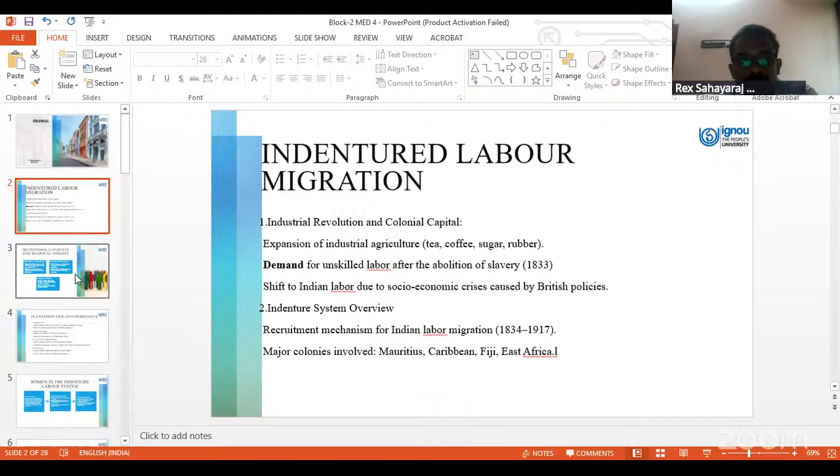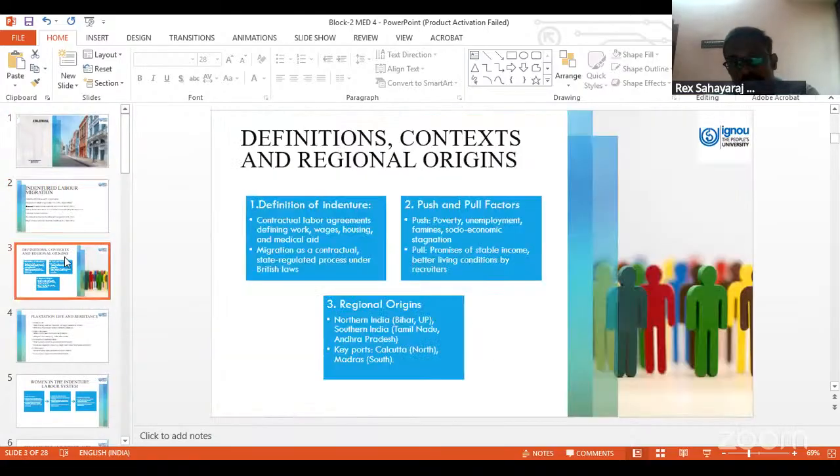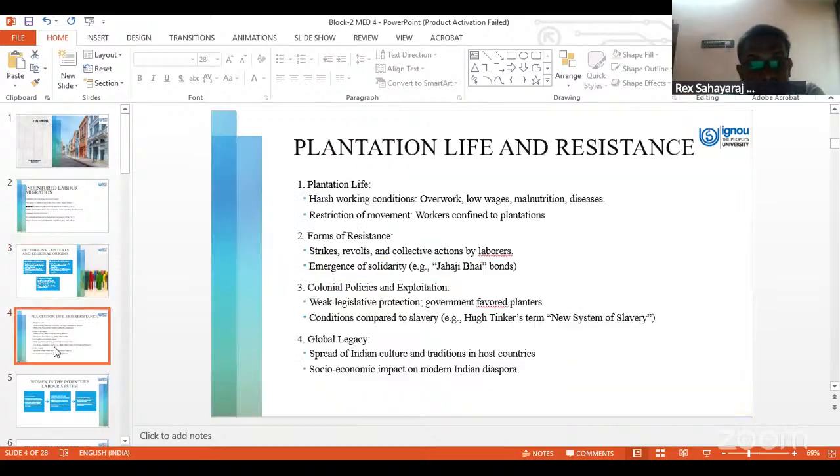So this is all about the system we discussed, and I hope we have understood what indenture is, the push and pull factors, where most of the people migrated, plantation life, and resistance: how they were treated and how they resisted.